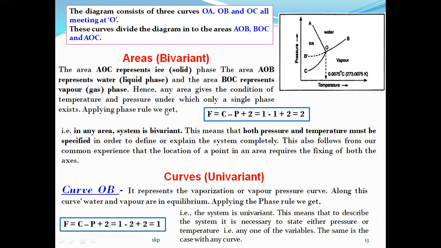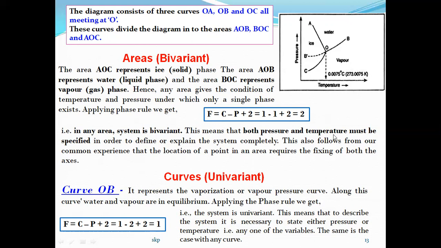By applying the phase rule, component is one, phase is one, because in area AOB only one phase is present, plus two. So we get degrees of freedom as two.